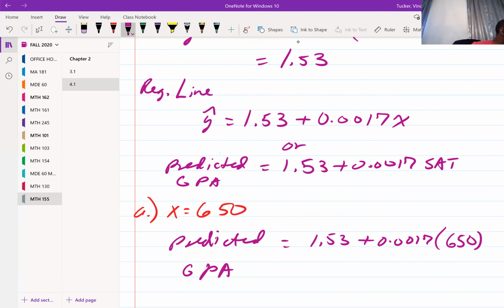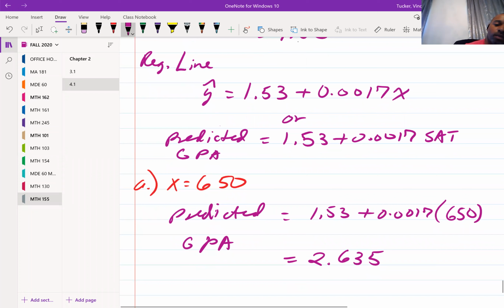So we plug in 650, and that'll be our answer, 2.635. Any problems with that?